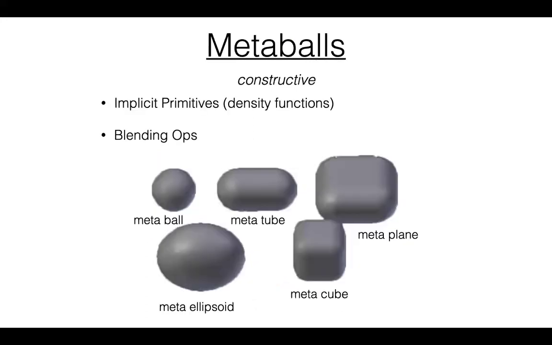And then you have metaballs that are a constructive example of model representation. Here we have implicit primitives that are density functions. And then you have these blending operations, where you combine these different types of implicit primitives using the operations of union, intersection, and complement, but in a smooth way.